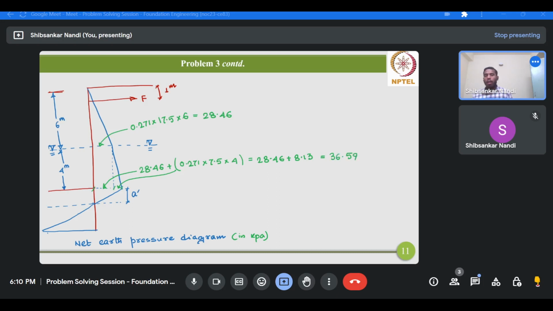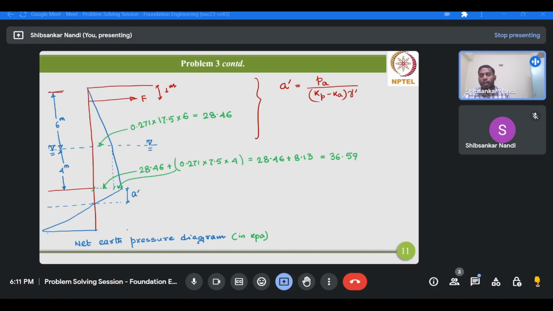36.59. Now what about the A prime value? How to calculate it? We already learned in the last session how to calculate A prime. We calculate A prime by equating the net earth pressure to 0, and we got the expression A prime equals PA divided by (KP minus Ka) gamma prime.